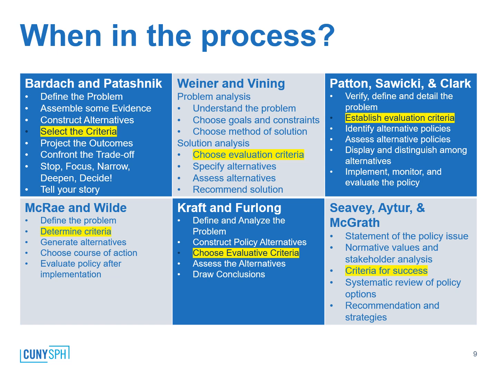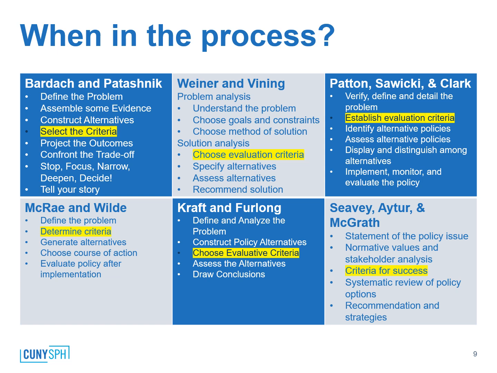For example, every major policy analysis framework includes a stage for selecting criteria, but they appear at slightly different points. In Bardach and Patashnik, after constructing alternatives, you select criteria. Under the Kraft and Furlong framework, after defining the problem, you establish criteria before assessing alternatives.